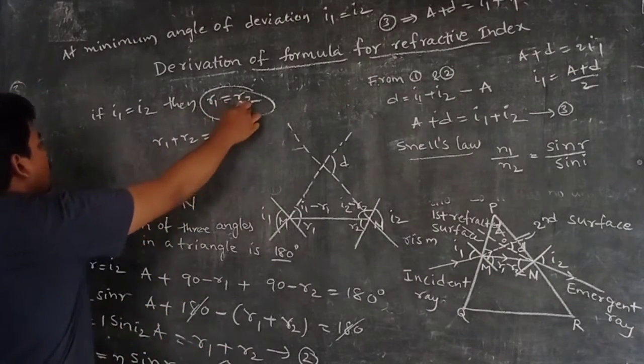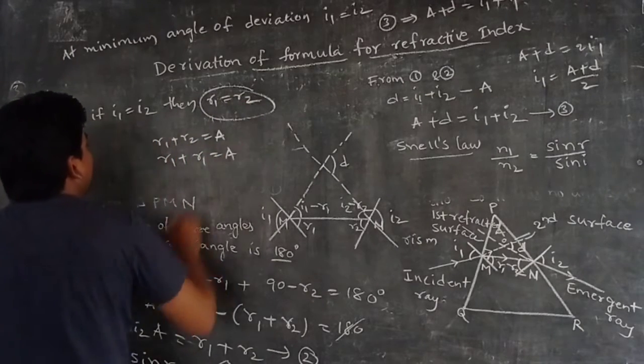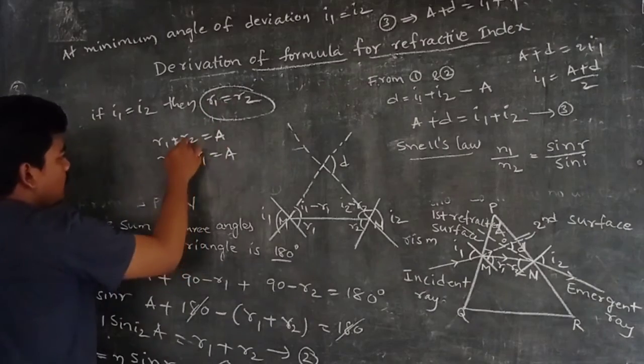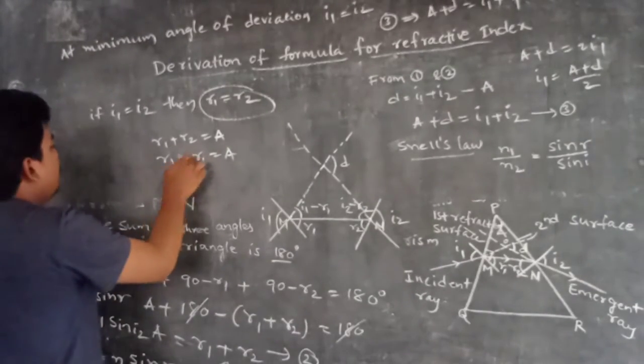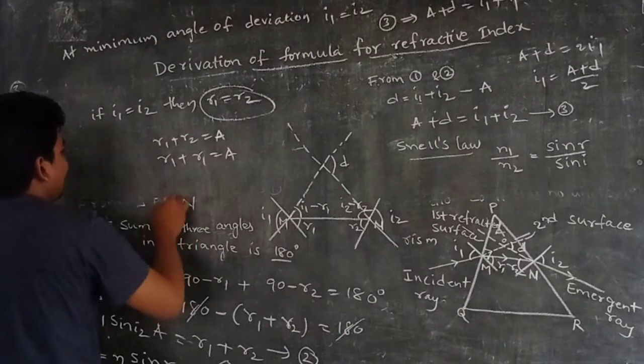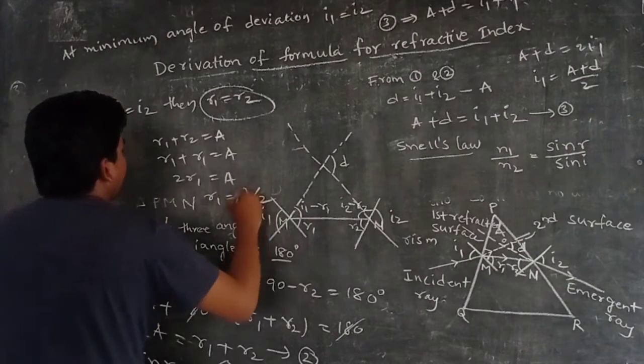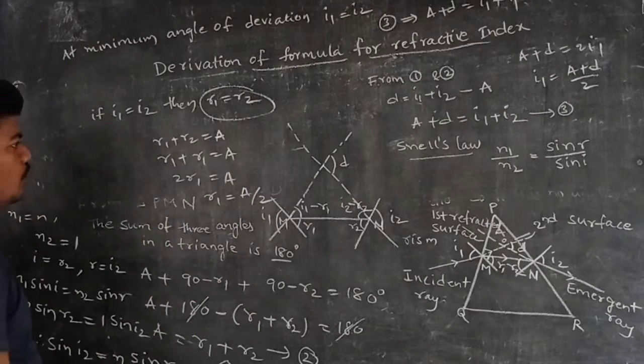Since R1 is equal to R2, we substitute R1 in place of R2, so 2 R1 is equal to A, and R1 is equal to A by 2. These are the two values.